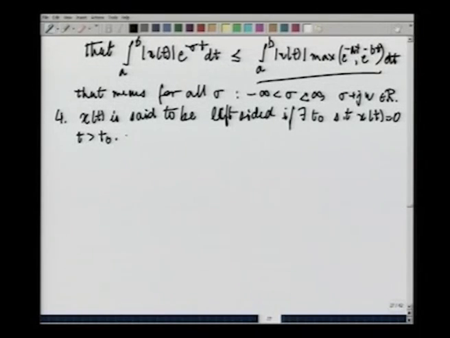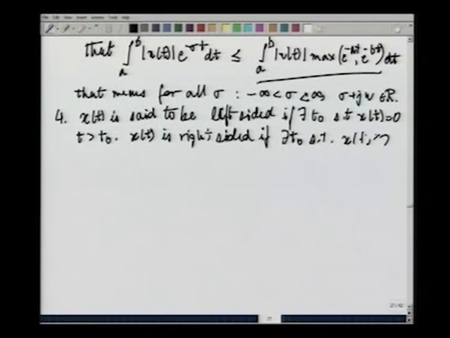Likewise, x t is right-sided if there exists t naught such that x t equals 0 for t less than t naught. That is when you would say it is a right-sided signal.